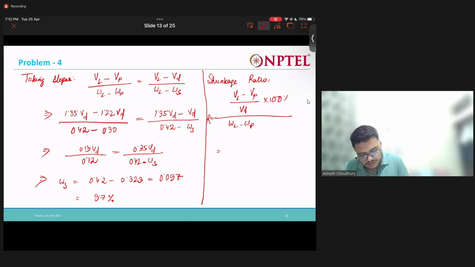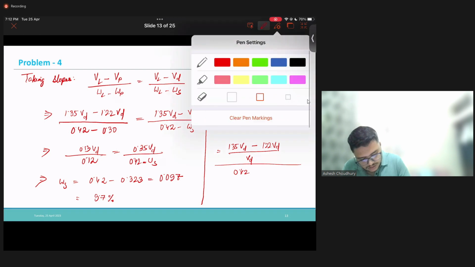This is the formula for the shrinkage ratio. So VL is 1.35 VD minus 1 VD.